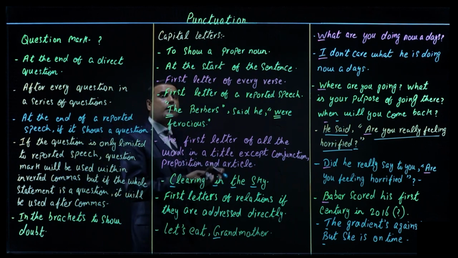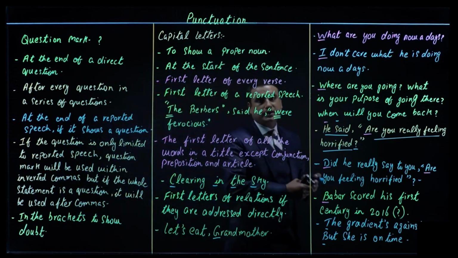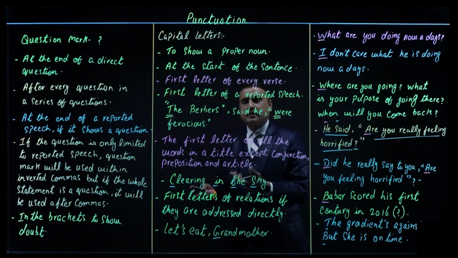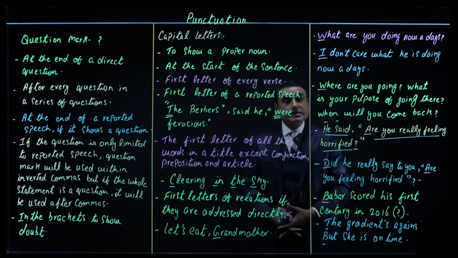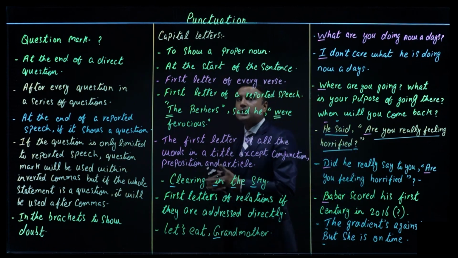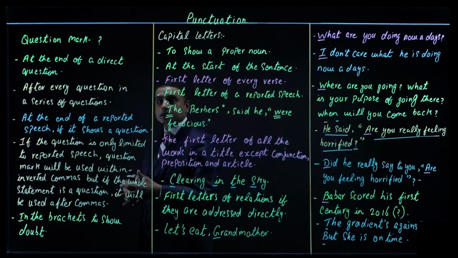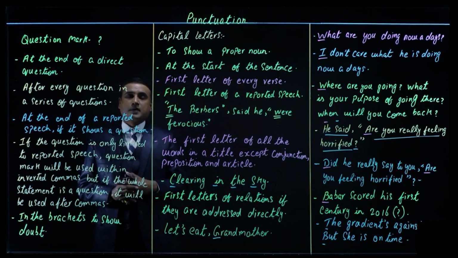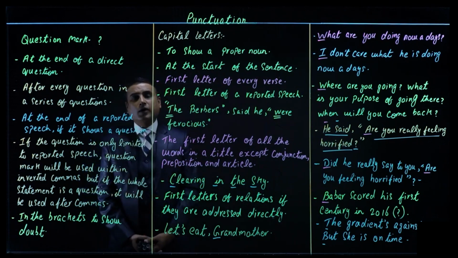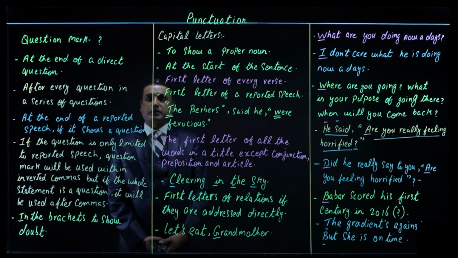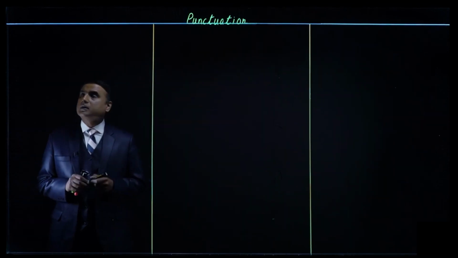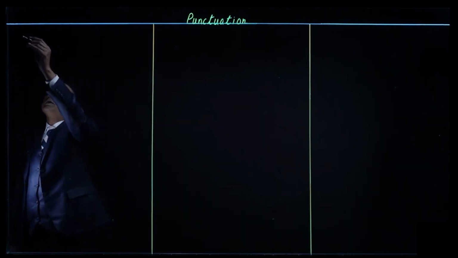Because here we are directly addressing the grandmother. So, कोई भी ऐसा direct address आएगा तो we will use the capital letter and not the small letter. So, अगले चंक पे चलते हैं और देखते हैं कि और क्या कुछ है punctuation में. So, students, we are further moving with punctuation.